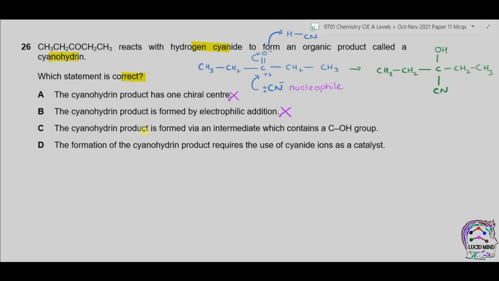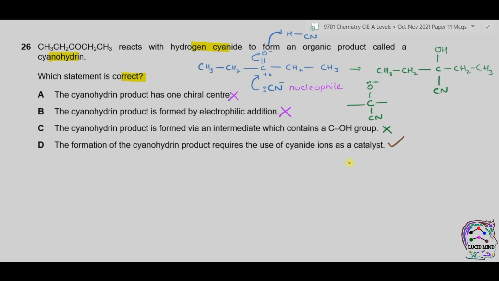Part C, the cyanohydrin product is formed via an intermediate which contains a COH group. This is incorrect because the intermediate that is formed is not COH, it will be CO negative. This oxygen will then attack another HCN to form OH. Part D. The formation of cyanohydrin product requires the use of cyanide ion as a catalyst.